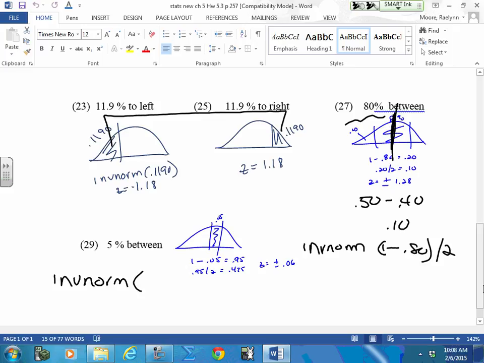You're going to actually have to do 2 groupings. 1, and then put this in, the 1 minus 0.80, divided by 2. That goes to this, comma 0, comma 1. It's a little trickier with the 83s. So the answer for that one, when you put in the 0.10, whatever answer you get, that's your answer for that one? Well, whatever answer you get is that negative. And that's the positive of it.